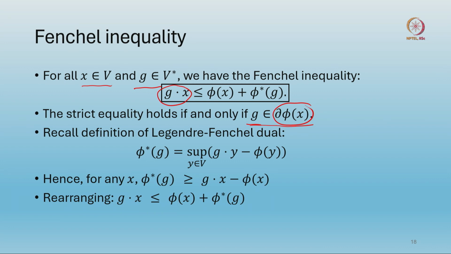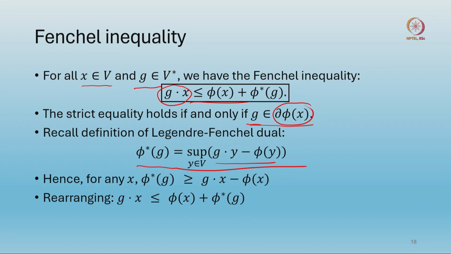So now, in order to understand why this inequality is true, you can just directly apply the Legendre-Fenchel transform formula. So phi star G is the supremum over all y in V, all strain rate like quantities in the appropriate space, of this, right. Now, supremum means the maximum, right.